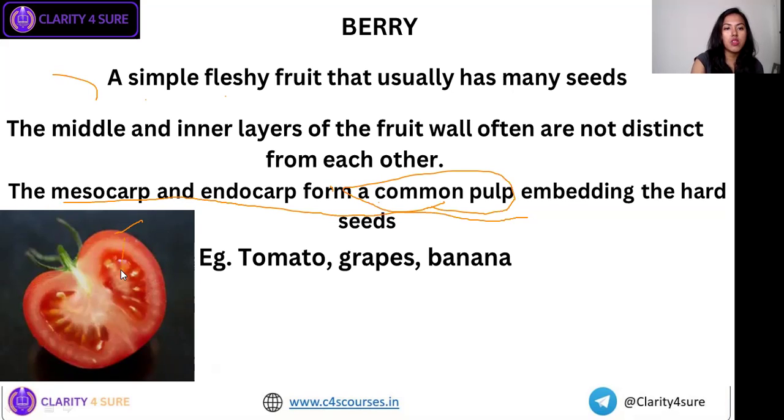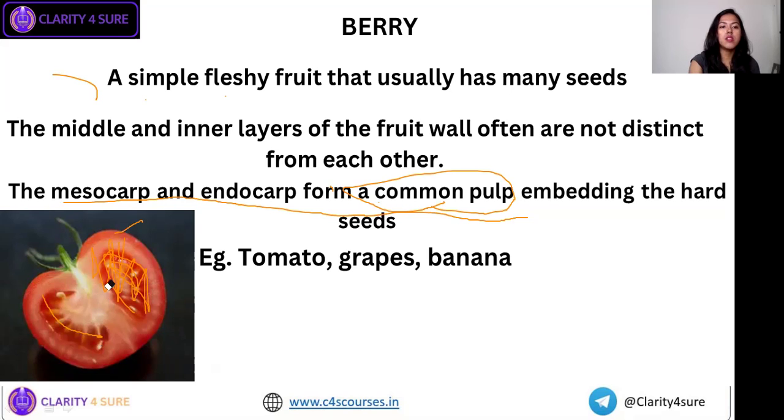Now this portion, when you cut a tomato, do you see any difference or any line? No, right? So the mesocarp and endocarp are fused, and the seeds are embedded in this pulpy structure. So that is your berry.